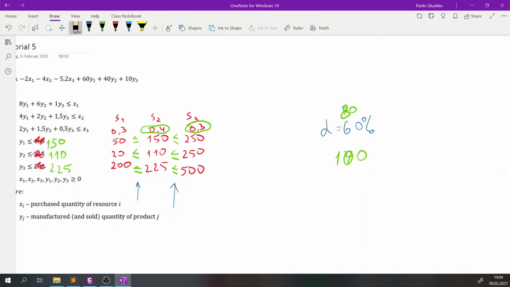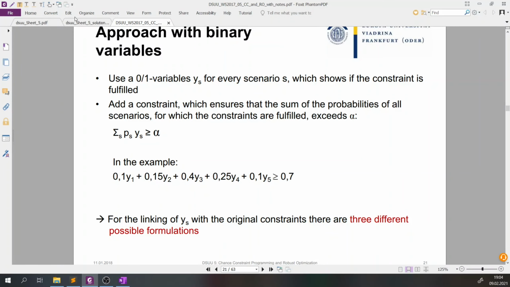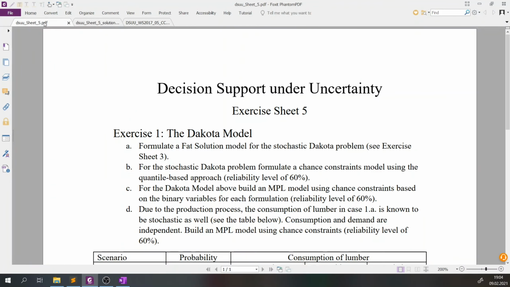Now, this was the quantile approach. In this approach, we calculate the right-hand side by ourselves. But the next approach is the binary variables approach, bullet point C. The idea is that we want the model itself to define these right-hand side values.